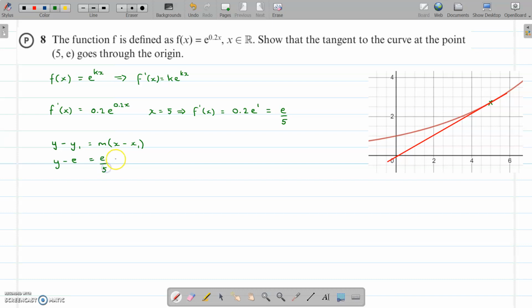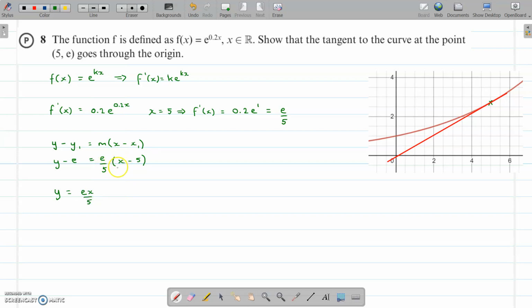So e over 5 brackets x minus 5. Now let's just tidy that up so it's in the form y equals mx plus c. Well, y equals ex over 5.